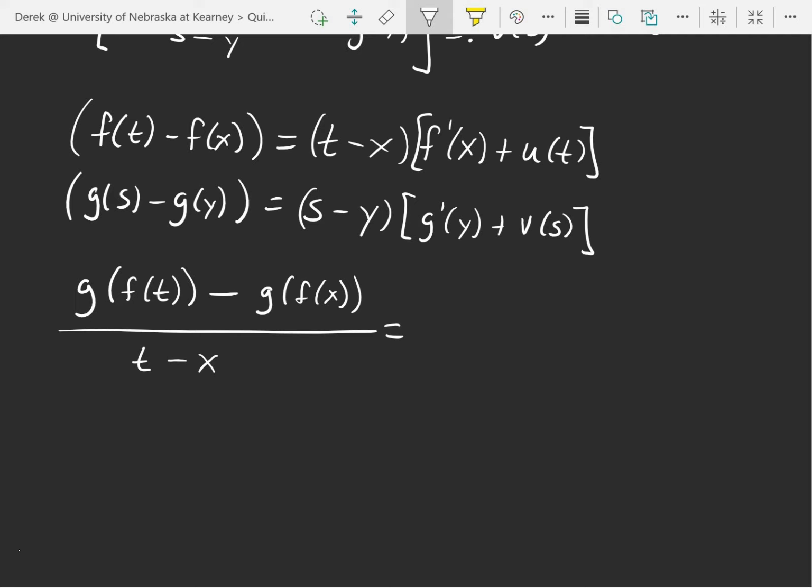So I can use the right hand side of that over here.